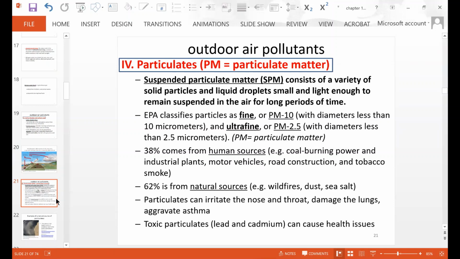And they're classified by their diameter. So PM10 is your fine particulate matter, and ultrafine is PM2.5, and those are measured in micrometers.